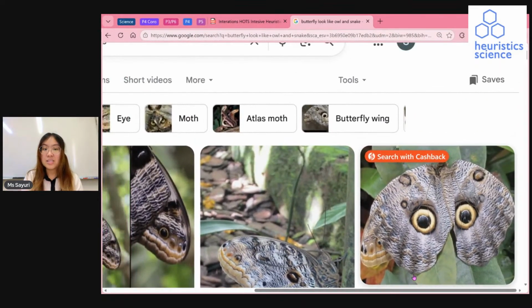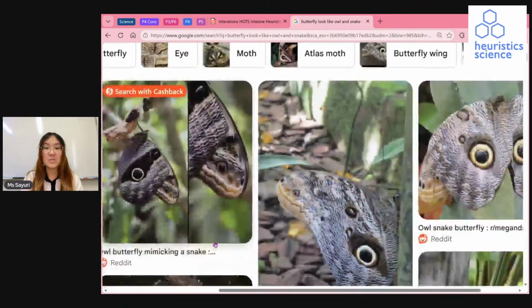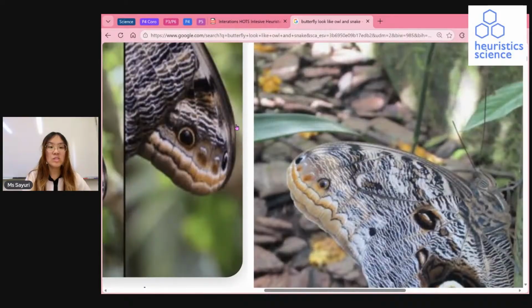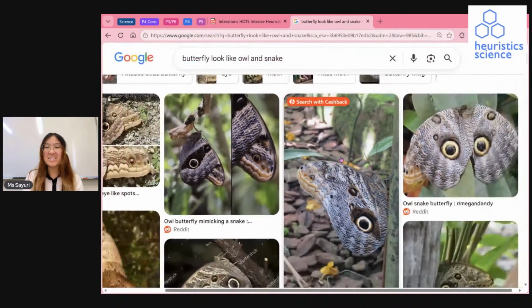And the craziest part is if you fold the wings in a certain way, the same butterfly now looks like the head of a snake. Owls and snakes are both predators of small birds, and these birds are the predators of this butterfly.